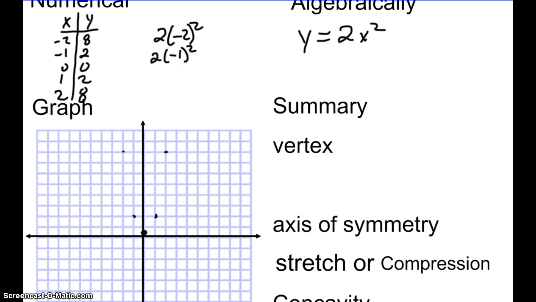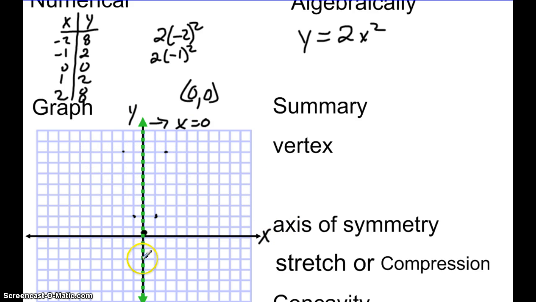Hopefully you have noticed that the graph, again, is split by the axis of symmetry right here, which is the same thing as your vertex of 0, 0. Our axis of symmetry right here is going to be the equation x equals 0. This is the line x equals 0. It's also known as the y-axis. Again, axis of symmetry, awfully helpful.